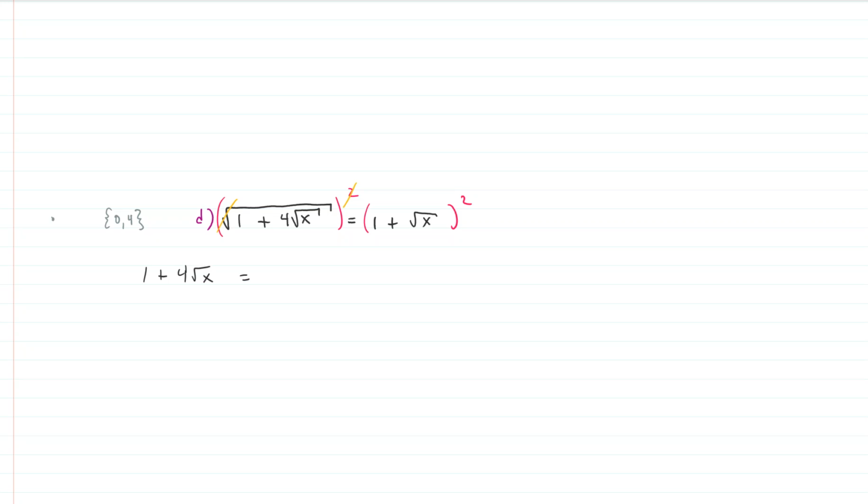And we have another foiling problem. Let's work that out here. 1 plus radical x times 1 plus radical x. That gives us 1 times 1 plus root x plus root x plus root x squared.